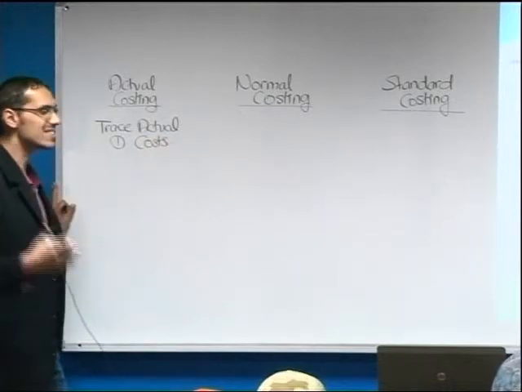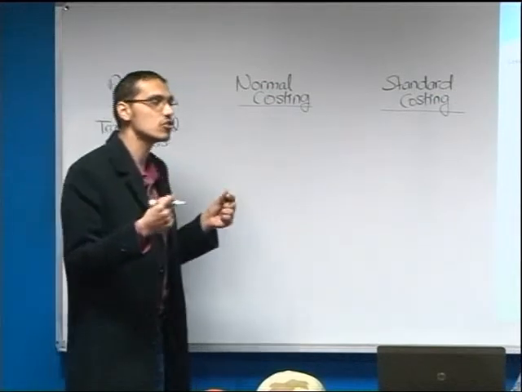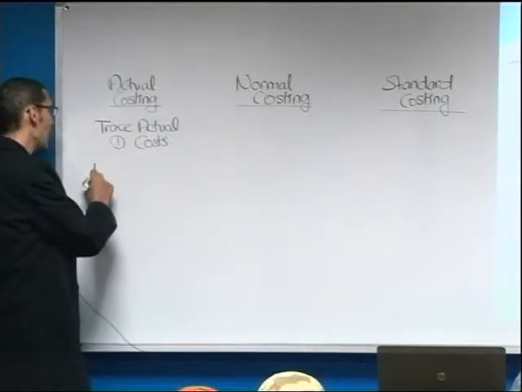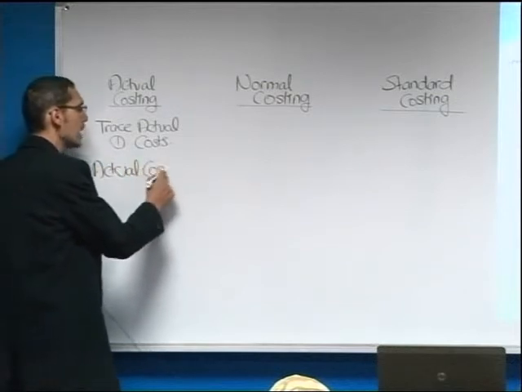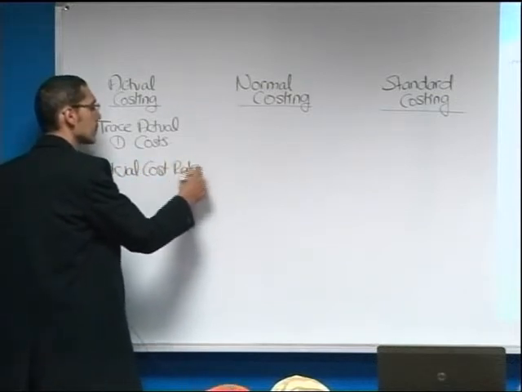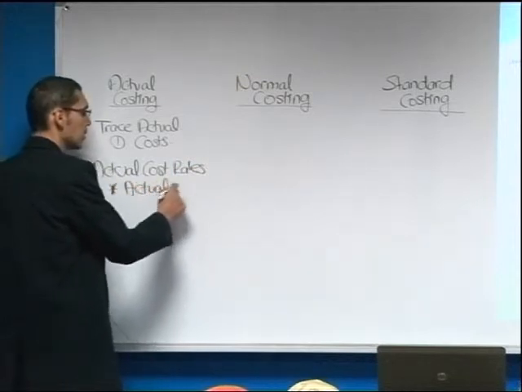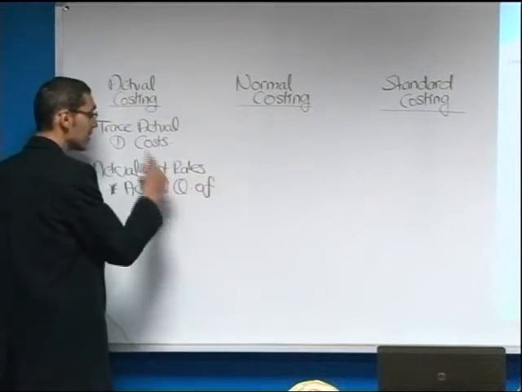How do we trace actual direct costs? We determine these costs by multiplying the actual cost rates by the actual quantities of the direct costs.